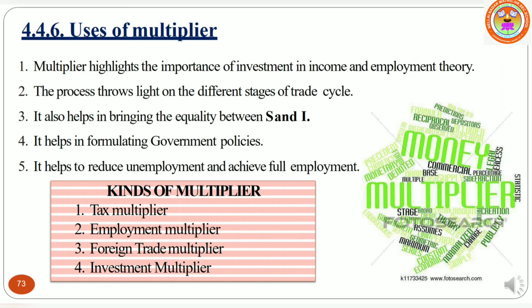So, these are the meaning of multiplier. Today we discussed the meaning of multiplier, leakages of multiplier, uses of multiplier, kinds of multiplier, working of multiplier, etc. We will continue in the next class.